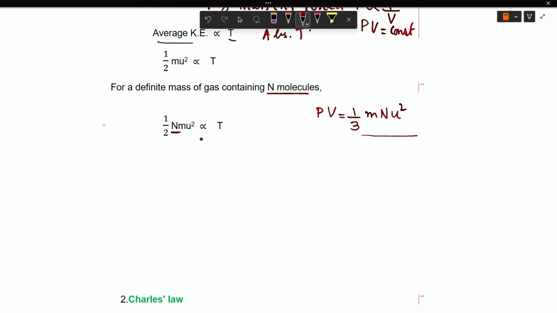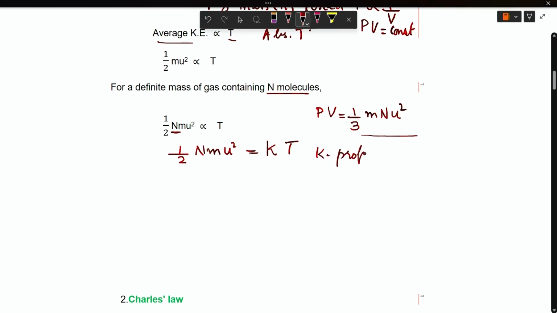First, we remove the proportionality: 1/2 N m u² is equal to a proportionality constant k times T, where k is the proportionality constant.